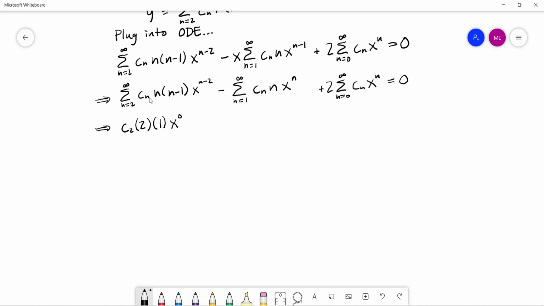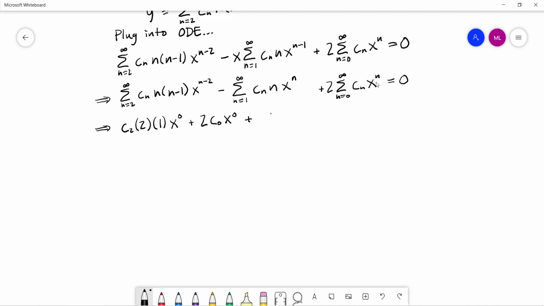Again, I just plugged in n equals 2 here, here, here, and here, and got this expression. This one doesn't have a constant term, so let's skip to this one. When I plug in n equals 0, we have our factor of 2 out here. I'm going to get c sub 0, x to the 0. So c sub 0, x to the 0. There's a constant term.